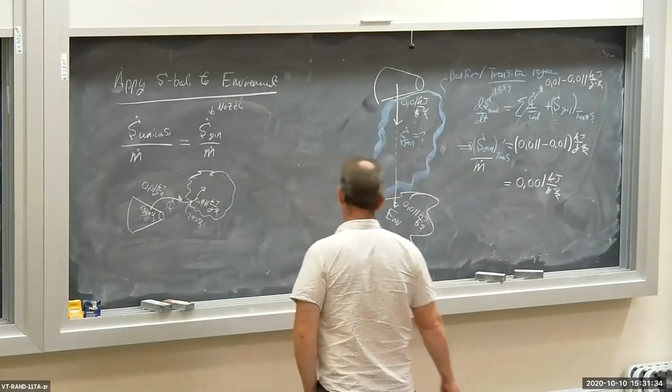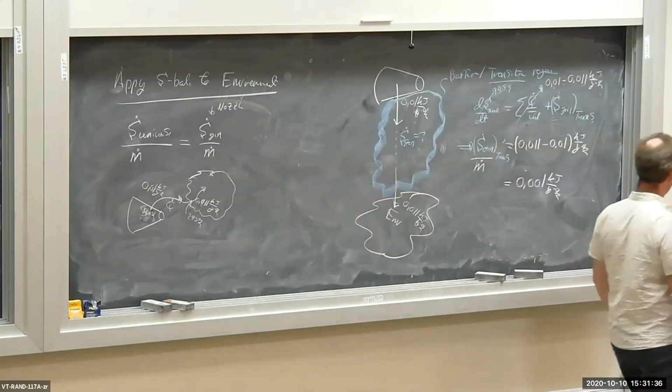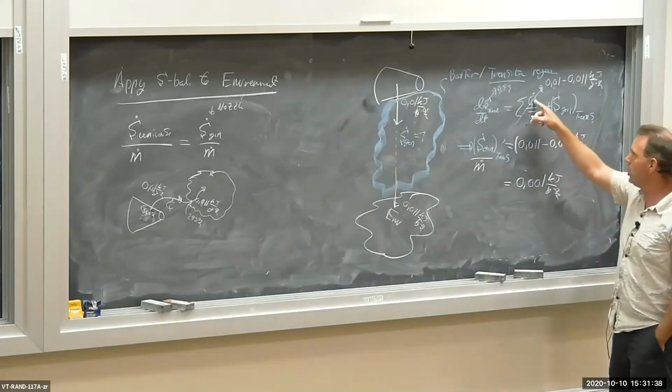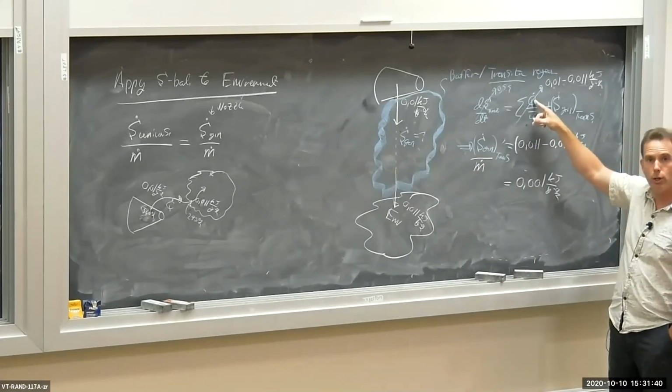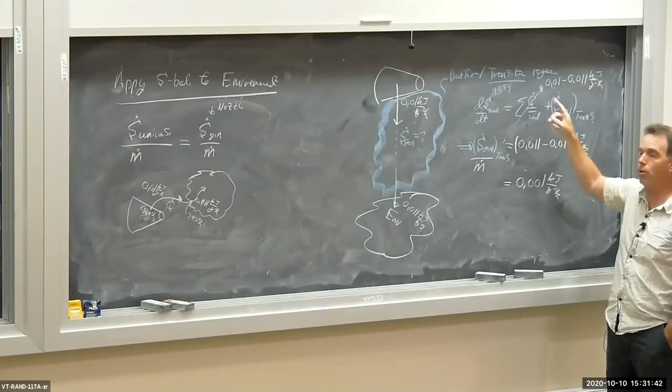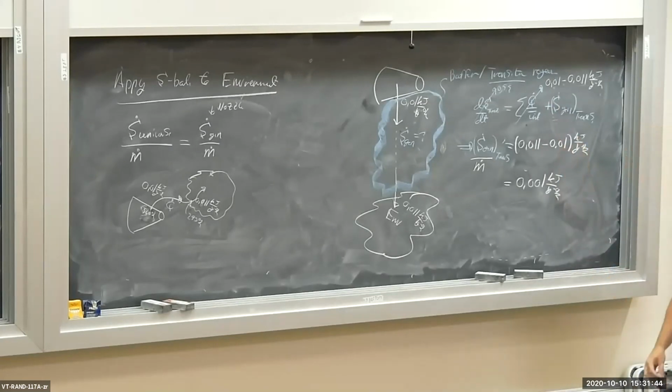The S dot gen becomes an S dot gen over m dot, and the Q dot becomes a Q dot over m dot, or a little q, okay?